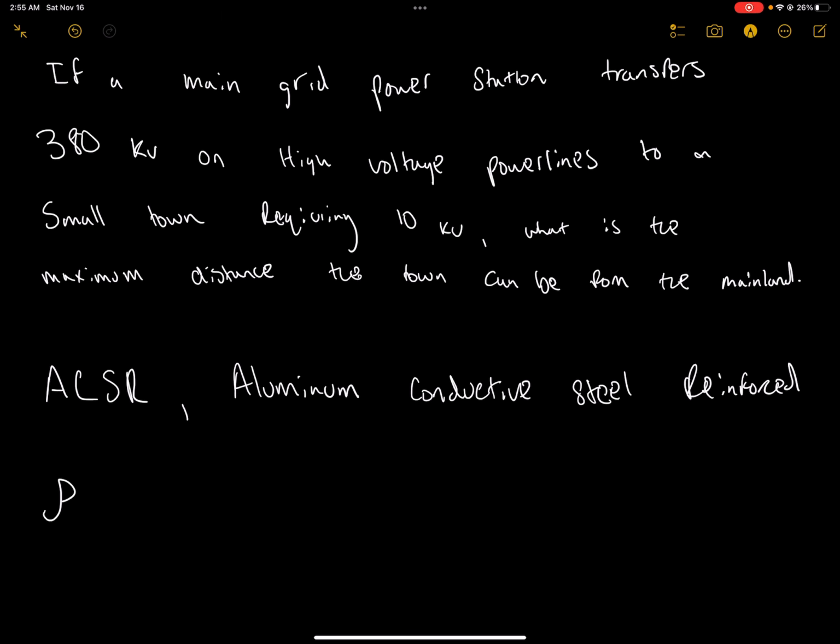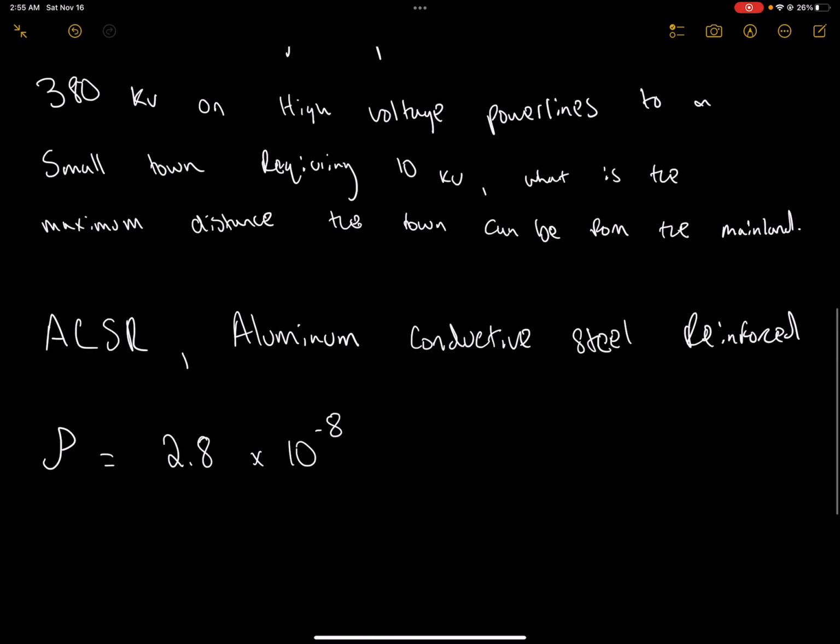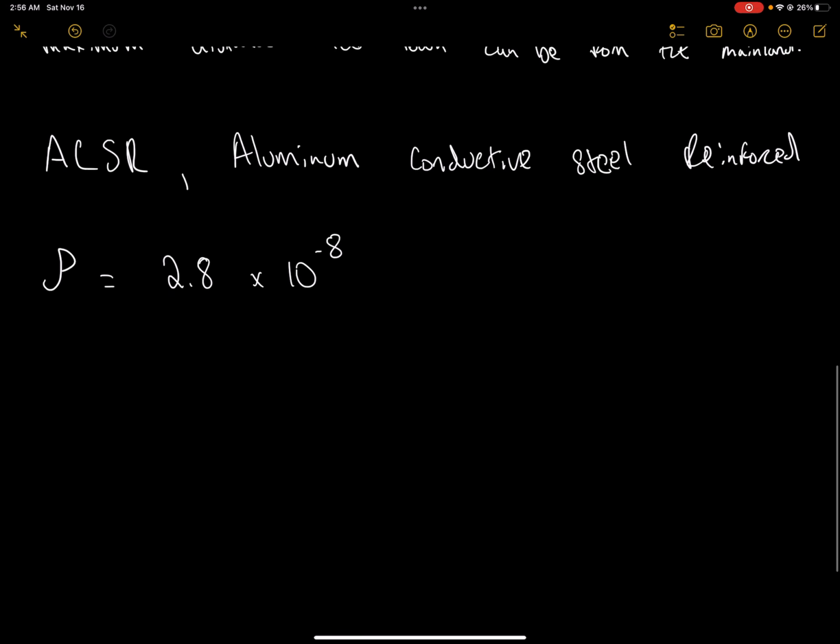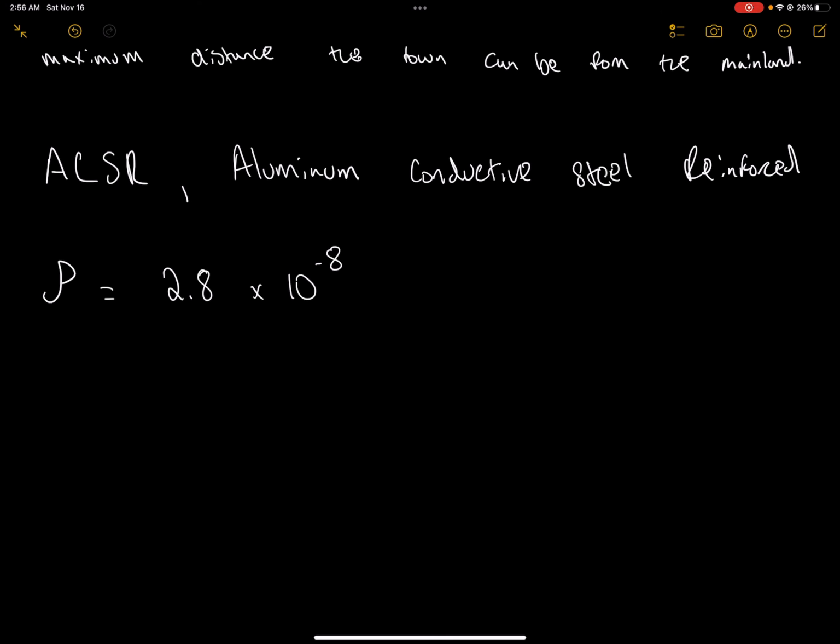So rho for this equation is going to be 2.8 times 10 to the negative 8th. We also need to understand that high voltage power lines have a cross-sectional area of 2,500 millimeters squared.